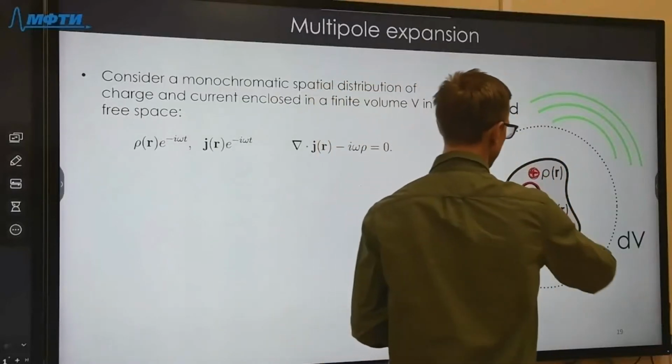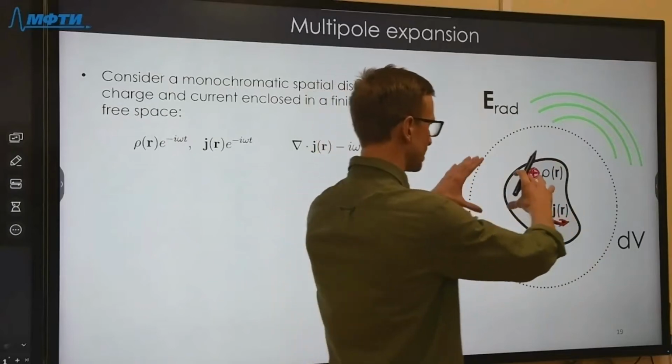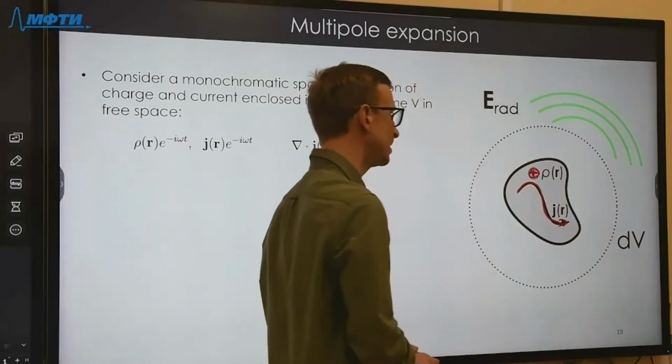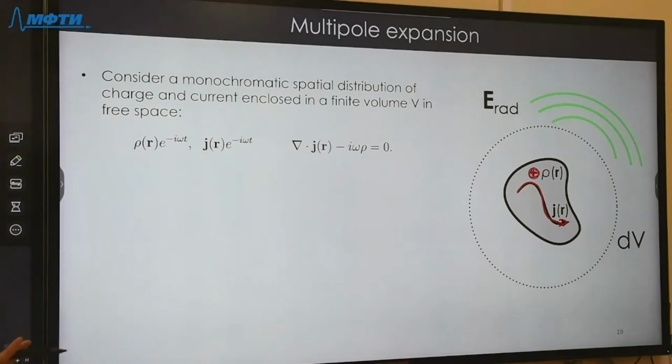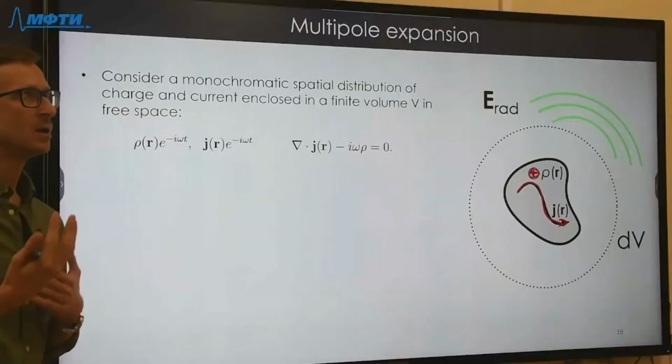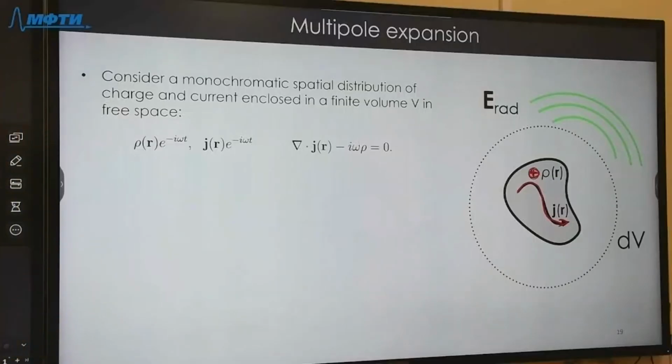Usually these charges and currents are enclosed by some finite volume V. Often the problem is to find the fields radiated by these currents, or at least try to classify and quantify these fields produced by a very complicated distribution of charge and current, to quantify their angular distribution. And this is what we're going to do in the next few slides.